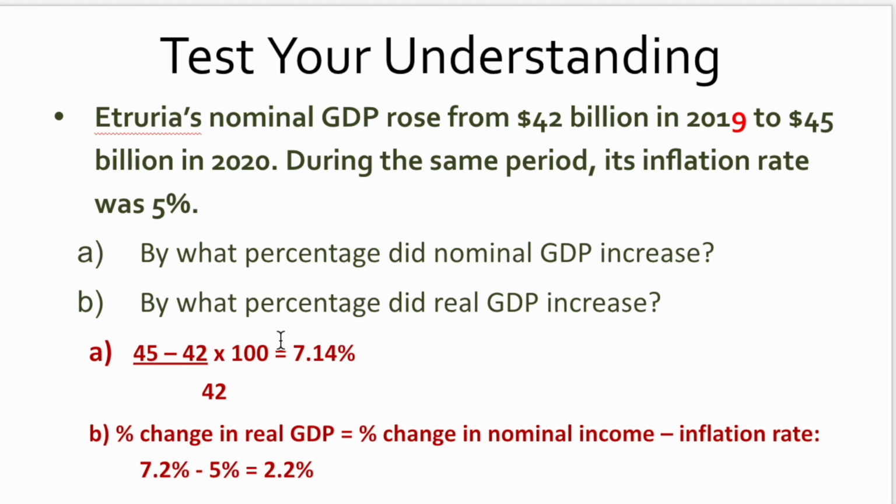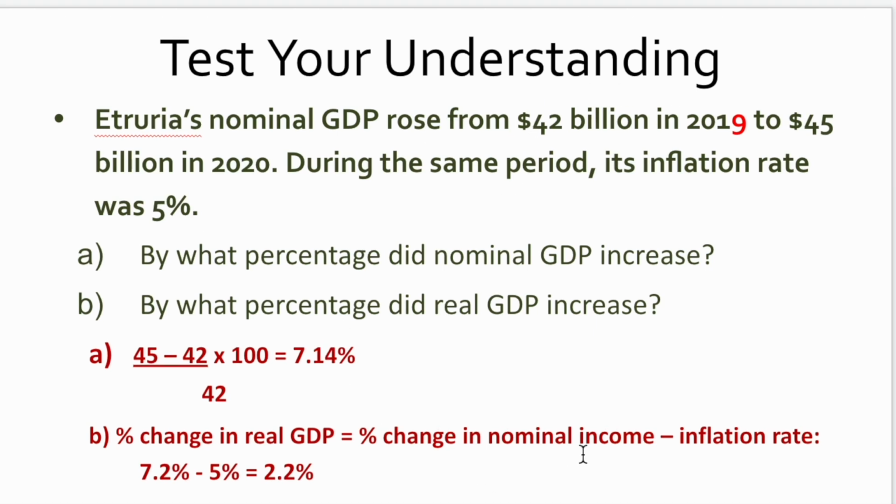We know the percentage change in nominal income was 7.14, or 7.2 rounded. We know inflation was 5%, so all we need to do then is take 7.2, subtract out the 5 of inflation, and that says a real change of 2.2%.